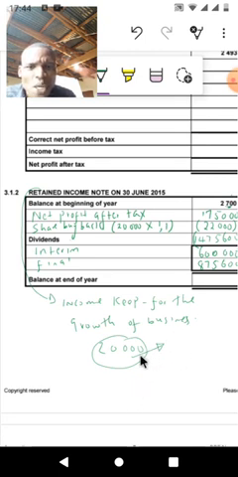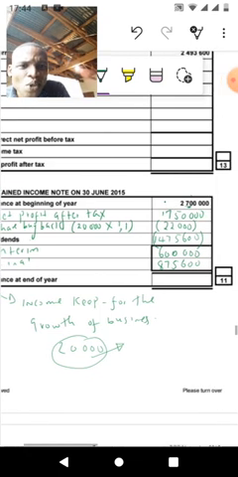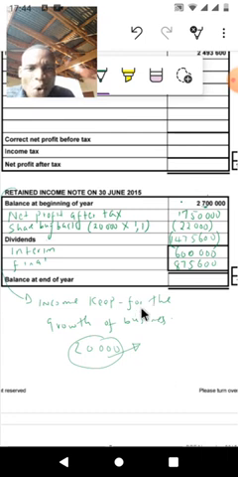So that is what we call retained income, the income that we keep for the business. So the income that was there at the beginning of the year, that was kept for the business, was 2,700,000. Now, why does net profit after tax affect the retained income? It's obvious. It's profit.